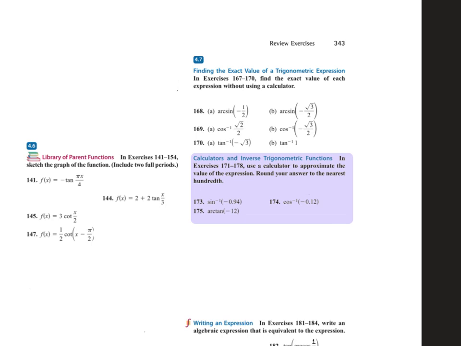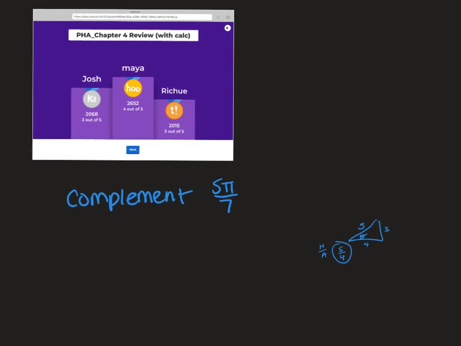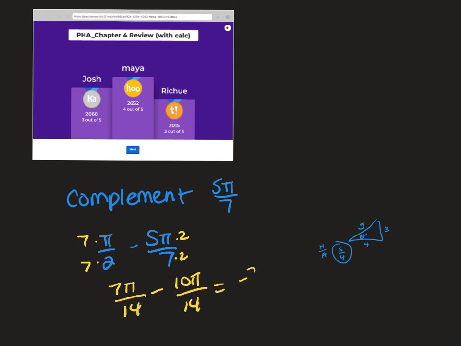All right, let's do it. So, 5 pi over 7. If you forget to check to see if that's bigger than a half pi, the complement would be pi over 2 minus 5 pi over 7. You'd have to change these to both have the same denominator. And I end up with negative. You can't have a negative complement.